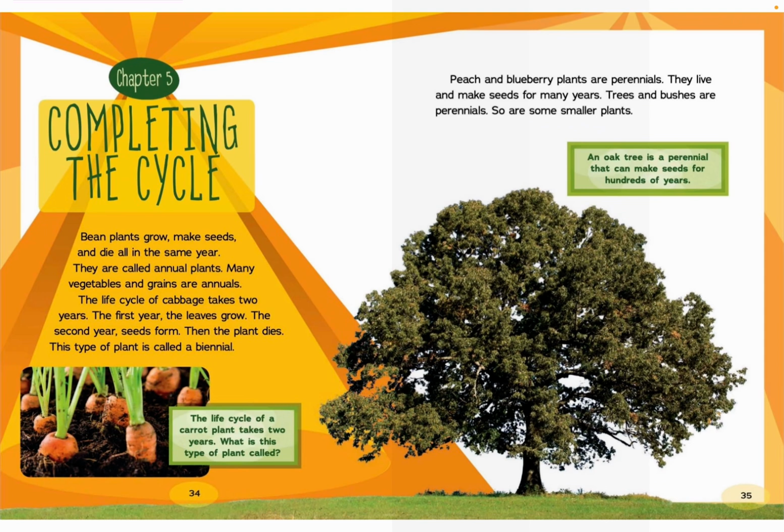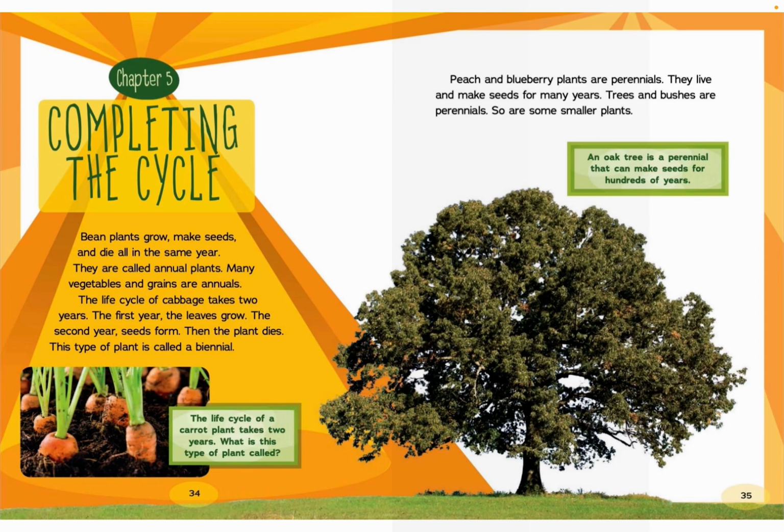Bean plants grow, make seeds, and die all in the same year. They're called annual plants. Many vegetables and grains are annuals. The life cycle of a cabbage takes two years. The first year, the leaves grow.